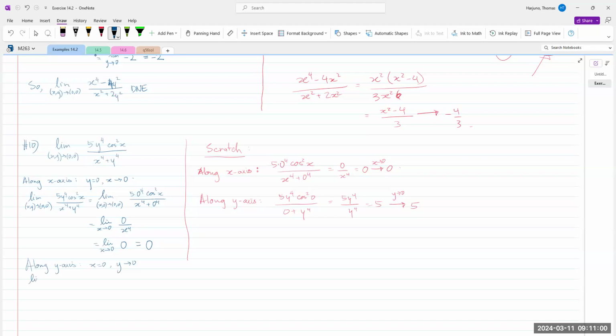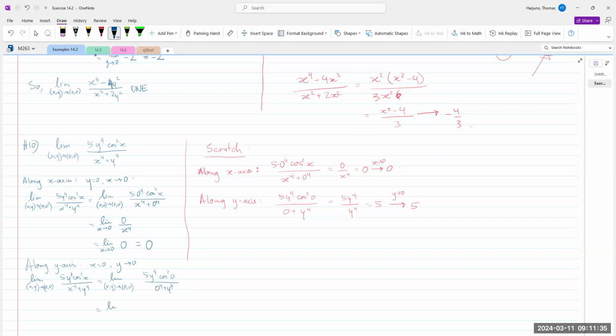So limit as (x, y) goes to (0, 0) of 5y to the fourth cosine squared x over x to the fourth plus y to the fourth equals limit as (0, y) goes to (0, 0) of 5y to the fourth cosine squared 0 over 0 to the fourth plus y to the fourth.